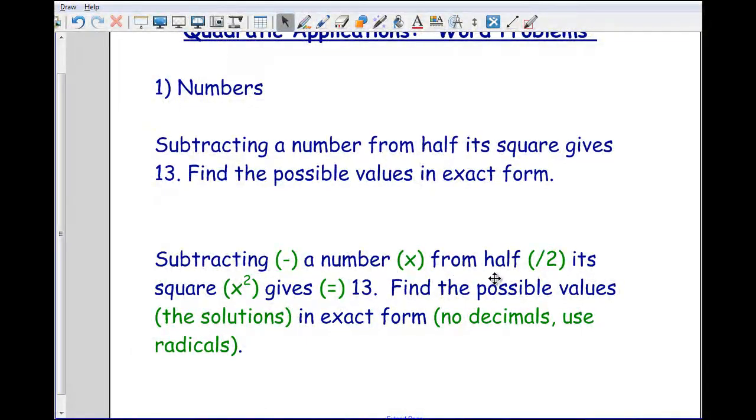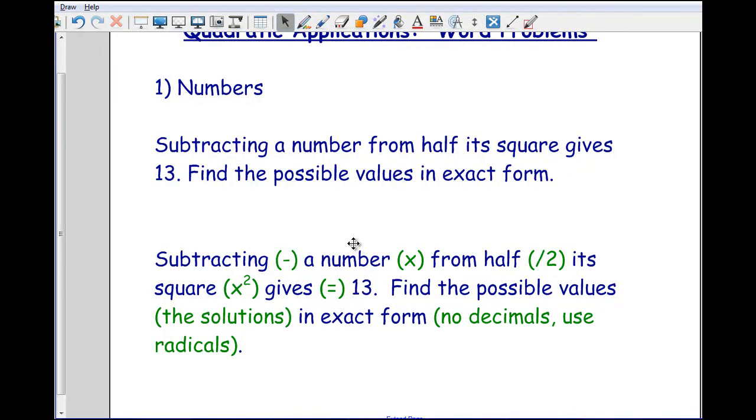And back in the question, subtracting some number x from half its square. So we're going to subtract x from half its square.